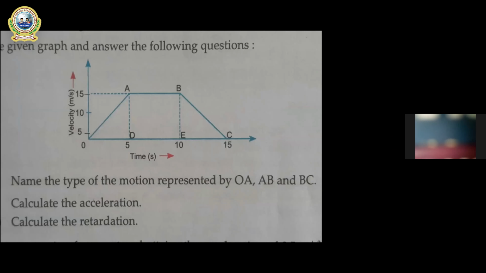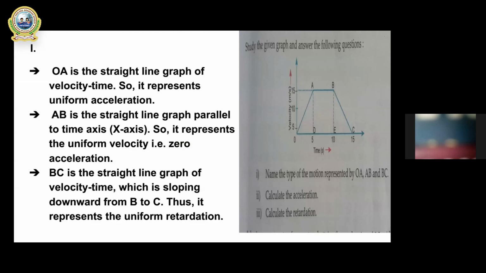The whole slide is the answer of the first question only. The first question is, name the type of the motion represented by OA, AB, and BC. First for OA. See, OA is a straight line, and a straight line means obviously which type of acceleration? Uniform acceleration.